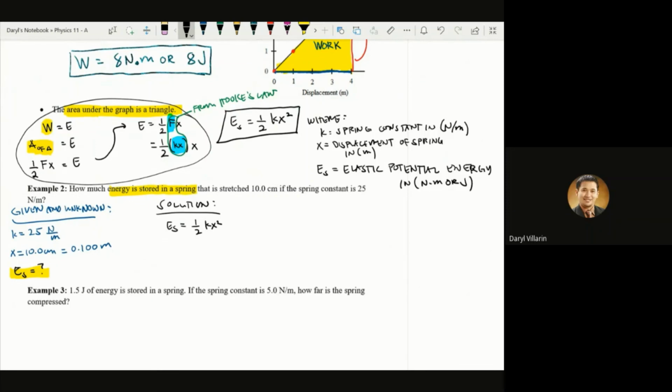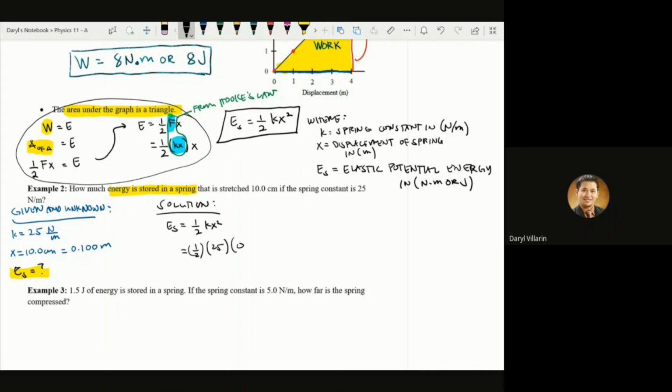So what you're gonna do is just substitute. In solving for your elastic potential energy, all you need to have is the value of k and the value of x. In this case, the two are given, so you can just substitute those values.